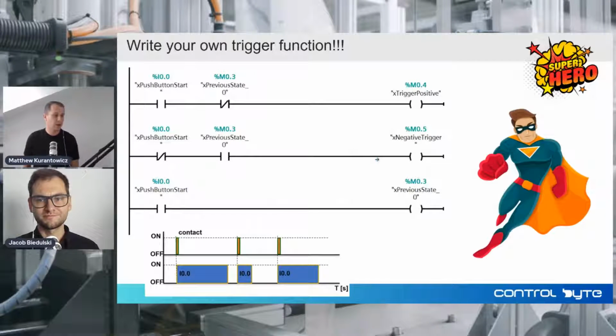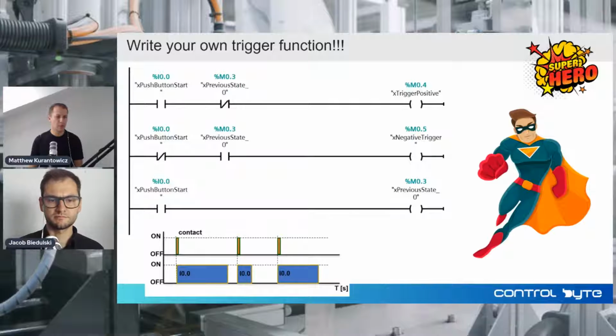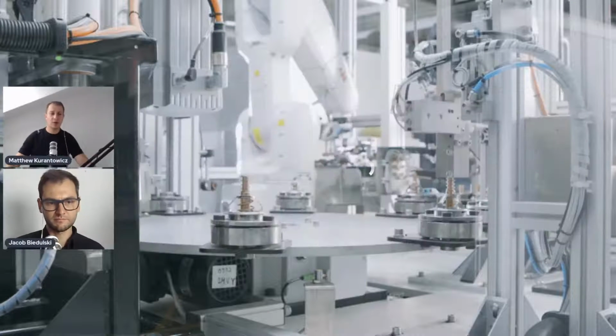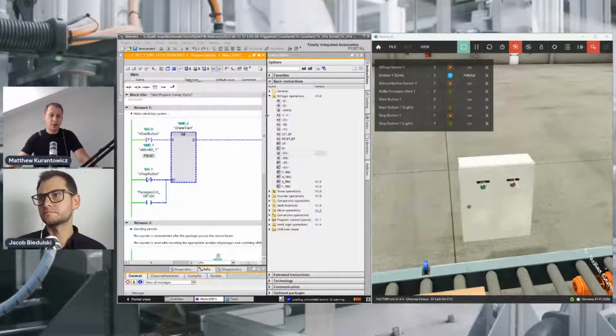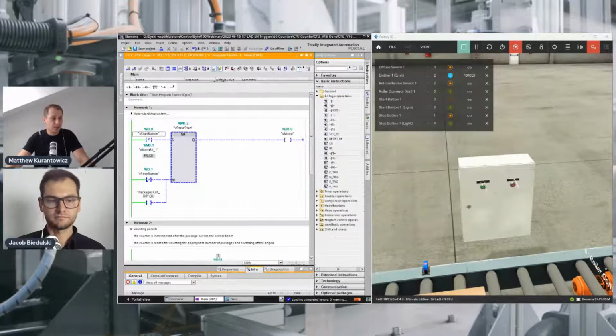We have one important slide here, and you can easily write your own program trigger function. What I would like to say is that this program is usually a common program you can find in a job interview.